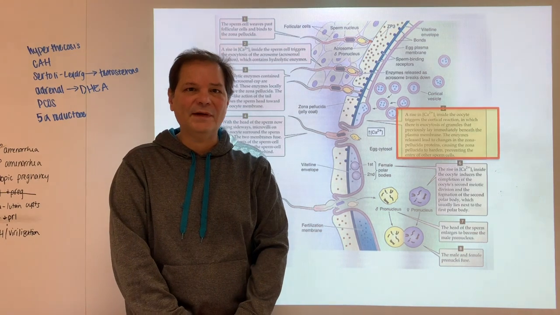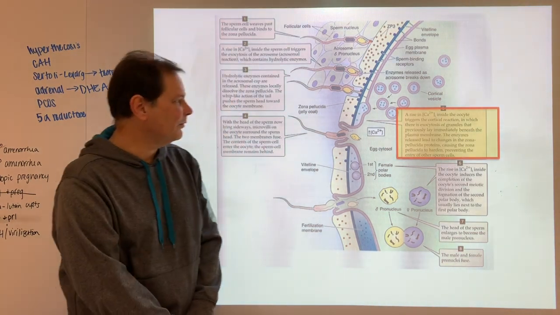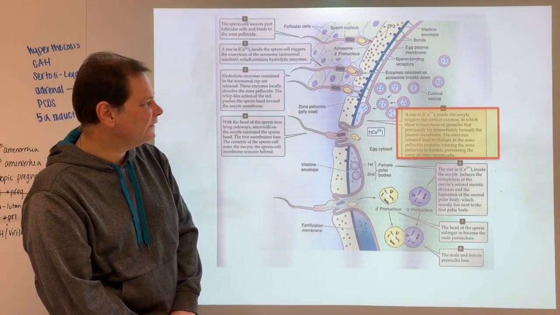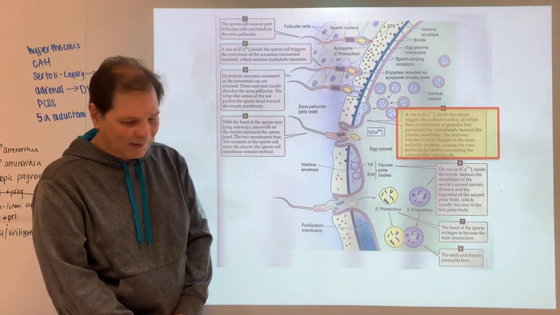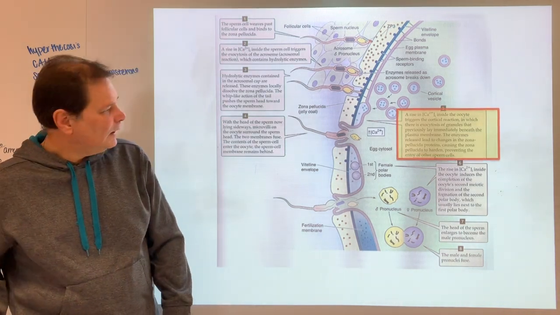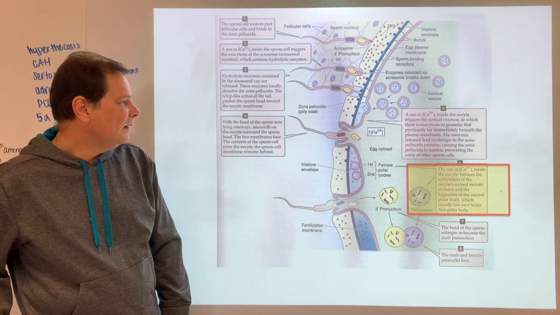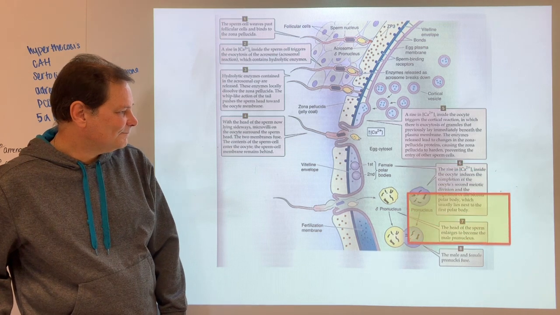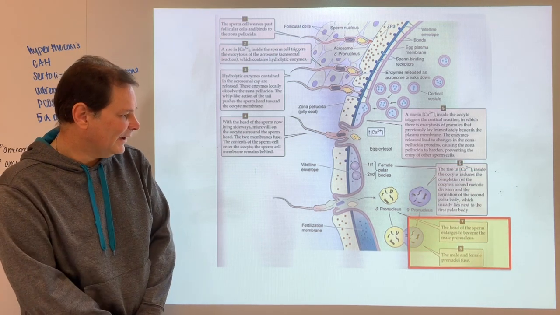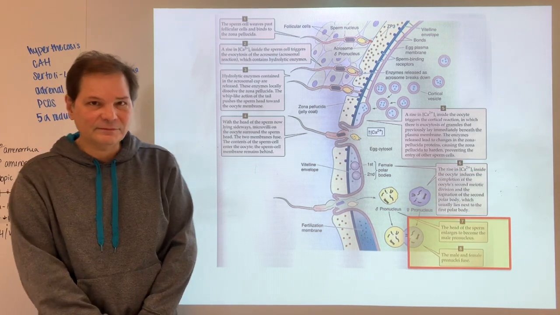I mean, at that point, they're not able to tunnel through any further. Everything hardens, and you get fertilization by one sperm. Okay, and there's your second meiotic division, and you get the magic of life, right?